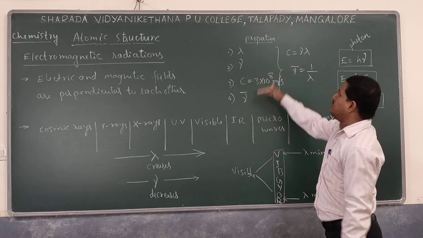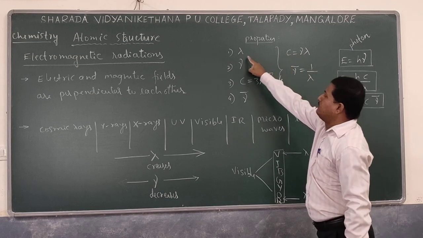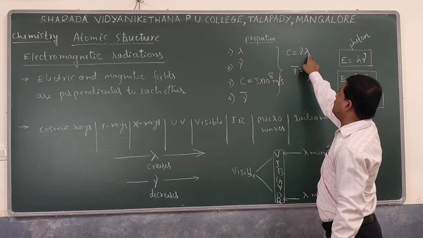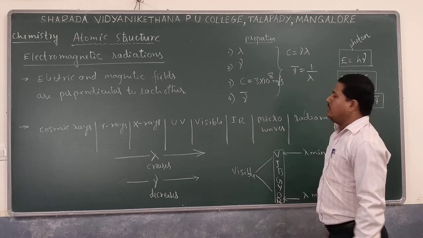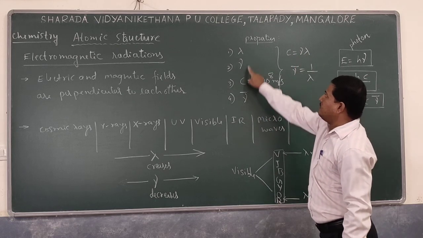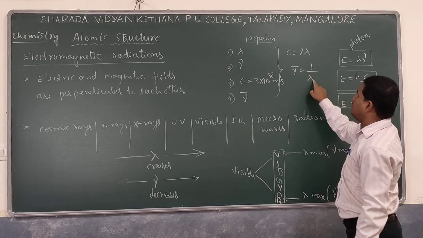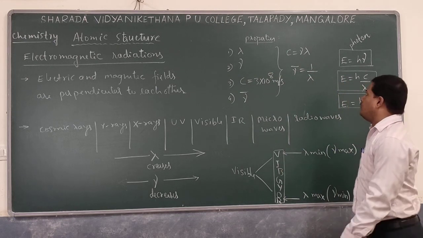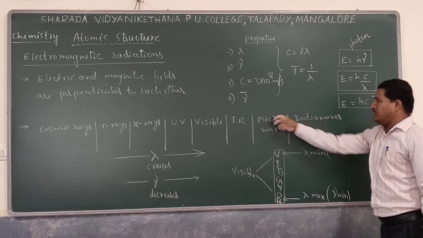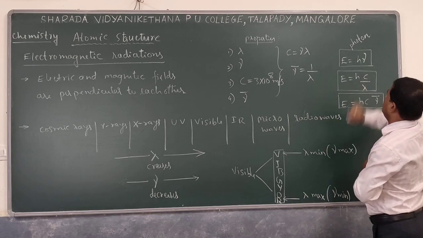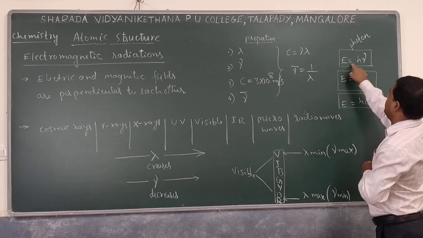The relation between wavelength, frequency and velocity: velocity equals frequency into wavelength, c equals nu into lambda. Then nu bar is related to the wavelength: nu bar equals 1 by lambda, the inverse of the wavelength. Also the energy of each radiation packet, that is called a photon, is exactly equal to h nu.